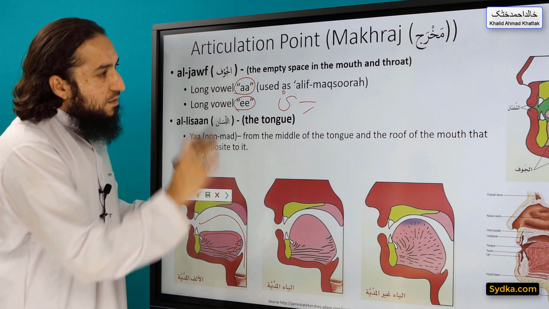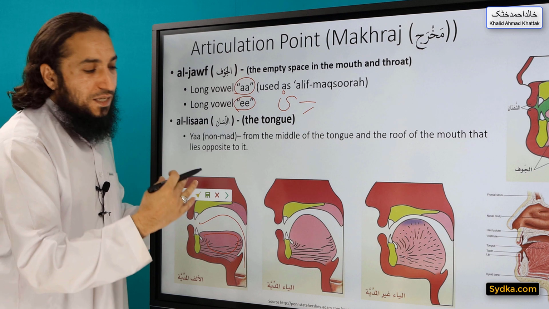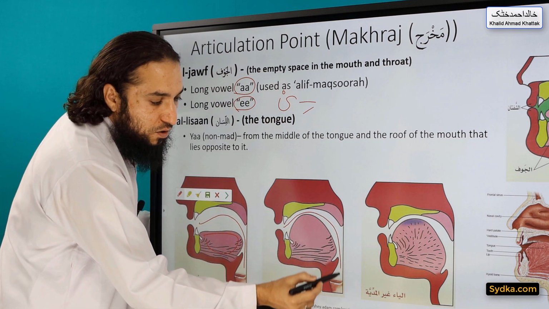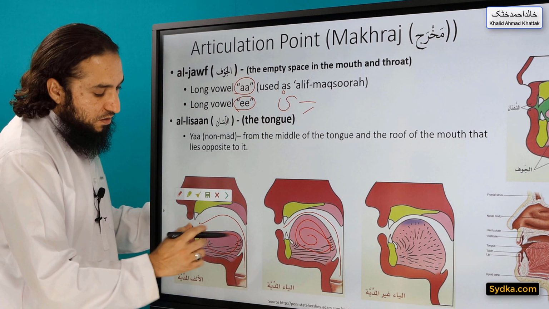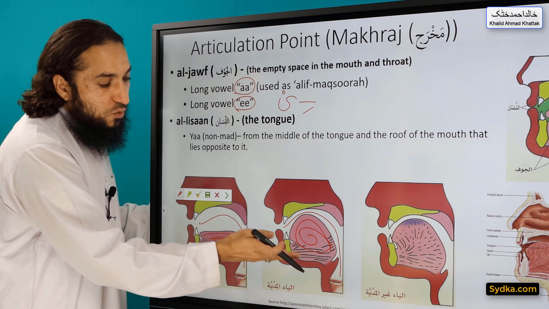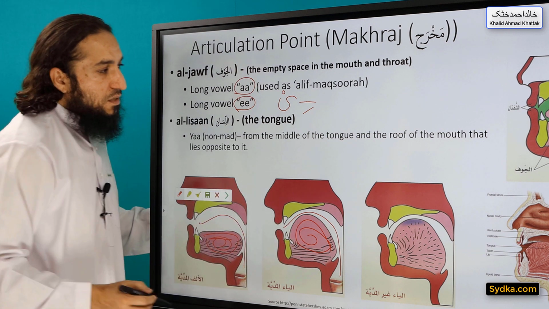So the second one is ya as a long vowel, and the sound is E, and the articulation point is the empty space between the mouth and the throat, but the tongue position is like this. So the difference is when ya is alif maqsura, the tongue position is this, and when it is E, the position is like this.